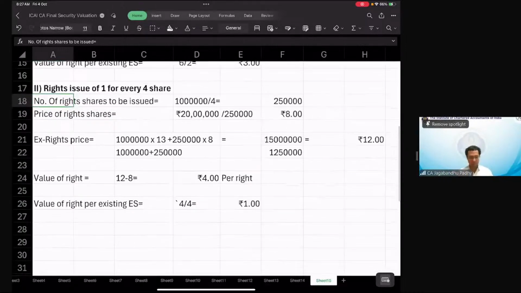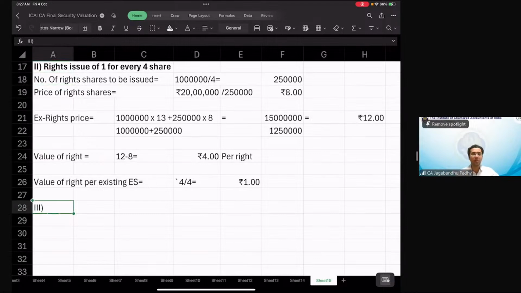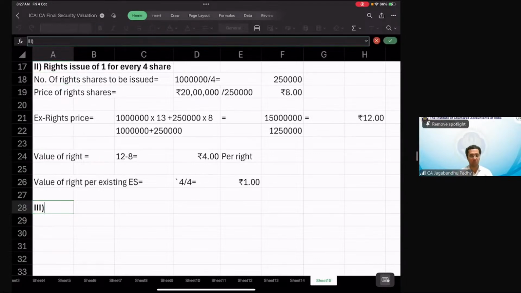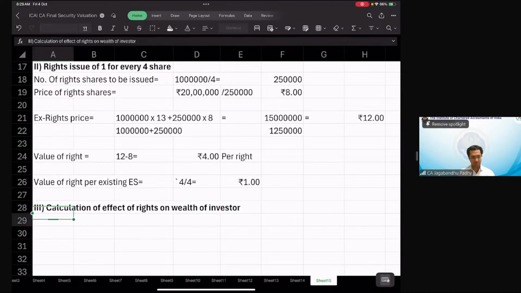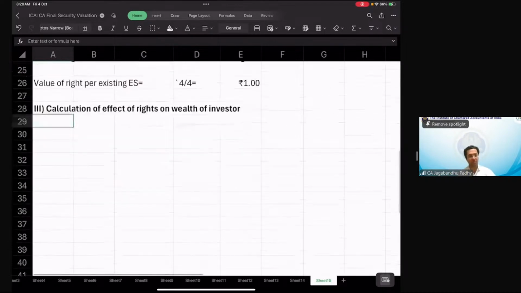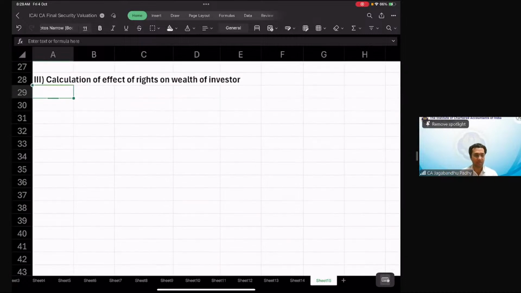The change in the wealth of the shareholder is what we want to know. So let us say calculation of effect of rights on wealth of investor.